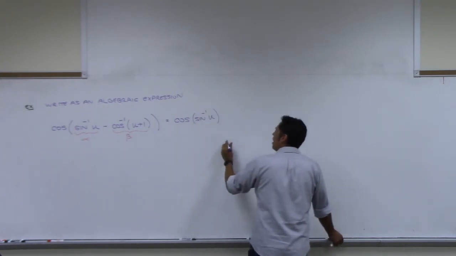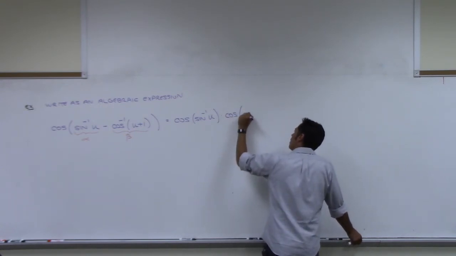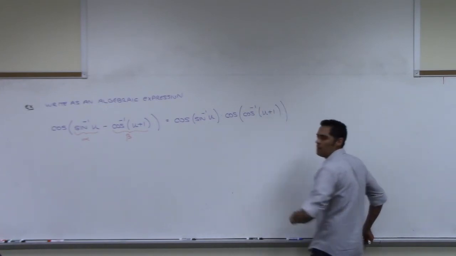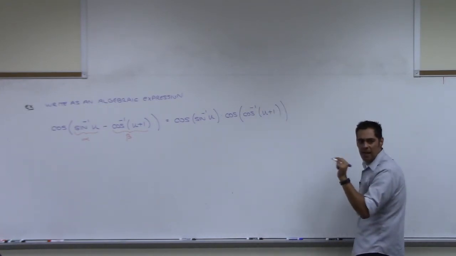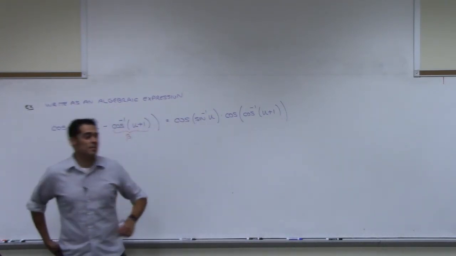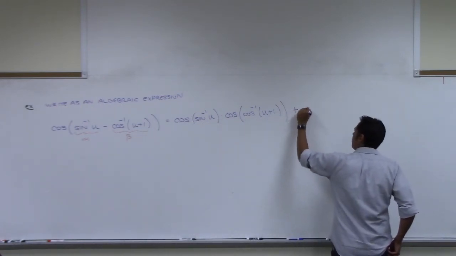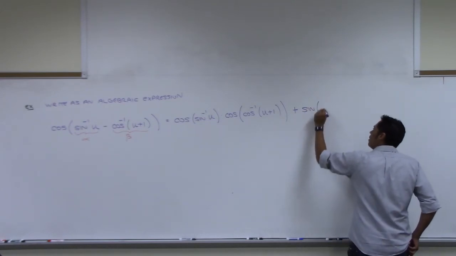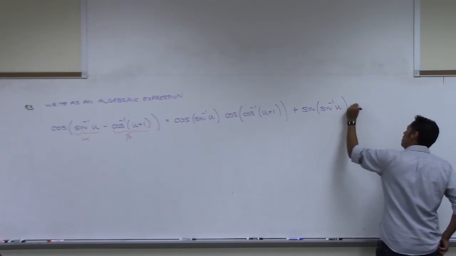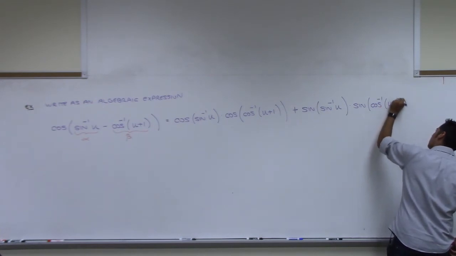Okay, then cosine beta. What's beta? Cosine inverse of u plus 1. It's very much like the last problem, isn't it? Except I don't have exact values in here. So then what? Minus? Plus, right? Because it's cosine, it's opposite. So this is plus. Now sine alpha, sine beta. So sine of arcsine of u times sine of cosine inverse of u plus 1.